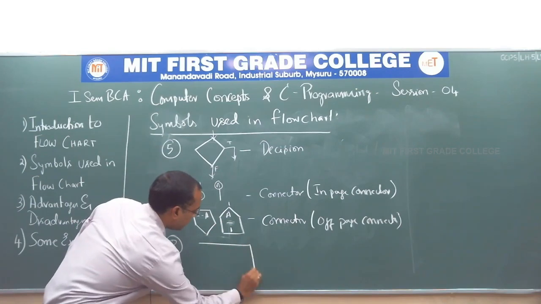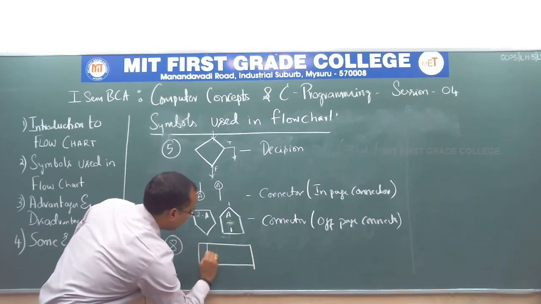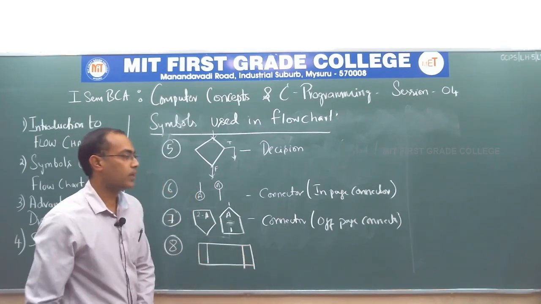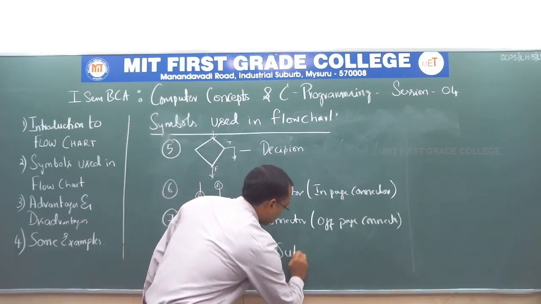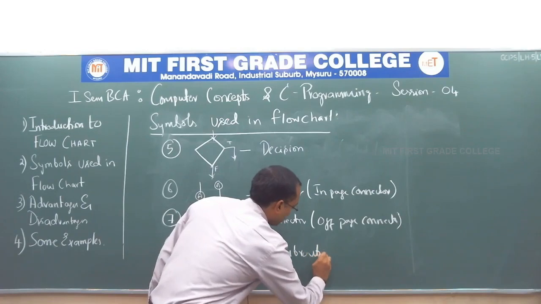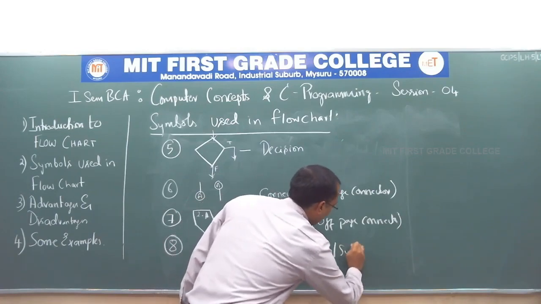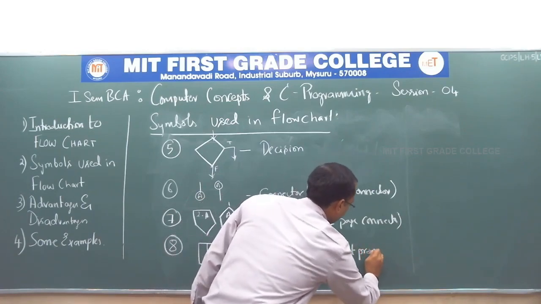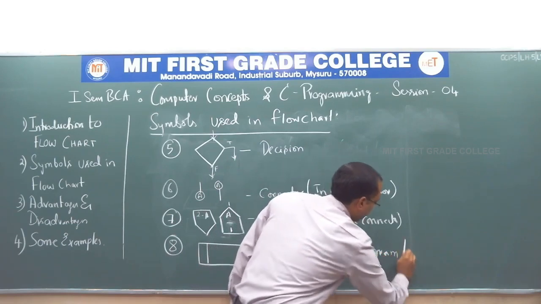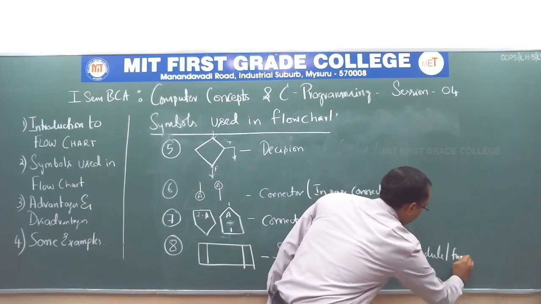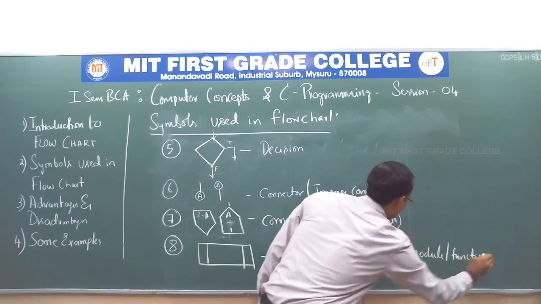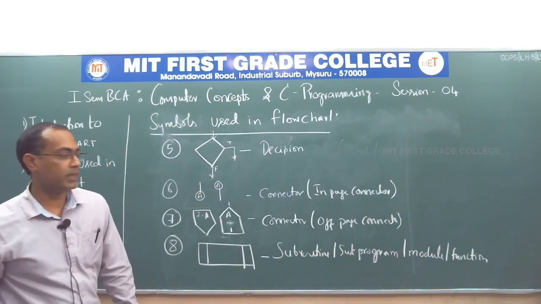The next symbol is a rectangle with two lines in it. This symbol is used to represent a subroutine or a subprogram, also called a module or a function. These are alias names for subroutine.